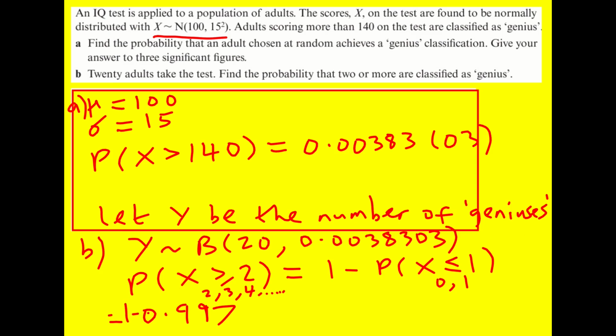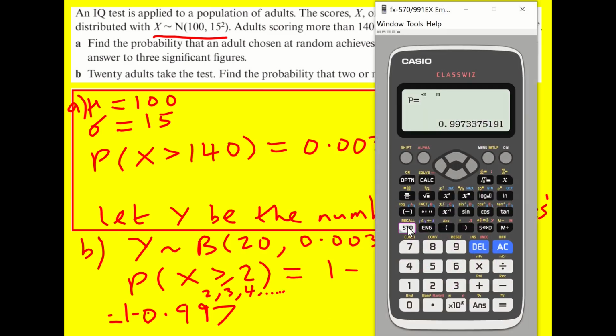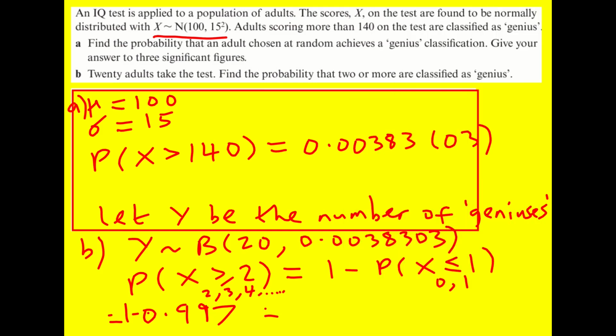Because it's 1 minus that. Very easy to forget that. So store that in the memory. Okay, and I've got another really small number, 0.0000001. 0.0266. So, very small chance of that happening.